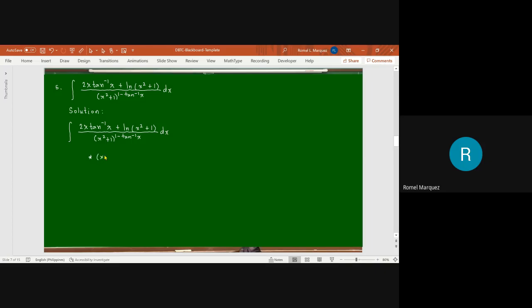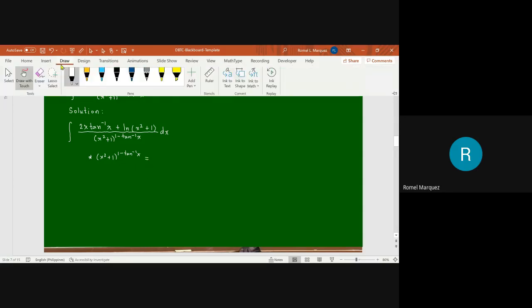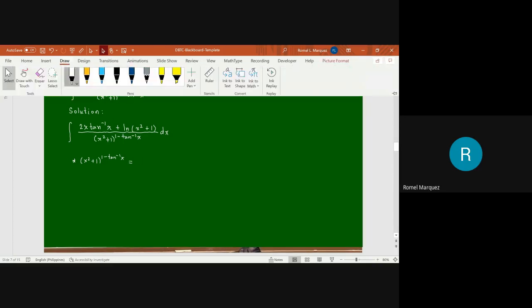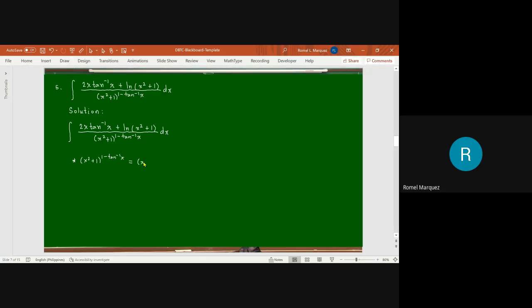Equal to what, guys? In the 1, in the x squared, you can split that, right? X squared plus 1 raised to 1 times x squared plus 1 raised to what, guys? Raised to negative arctangent, tangent inverse of x. Am I correct? Yes po.